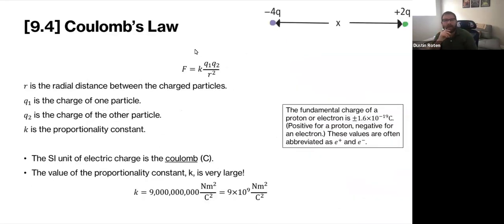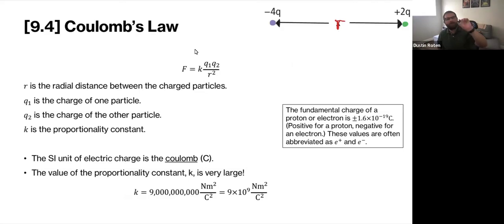All right. Let's go back to Coulomb's law and review this again. So again, r is the radial distance between the charged particles. Instead of the typical x, we're just going to replace it with r. That's just the distance between two particles, and it's squared. That's this term here.